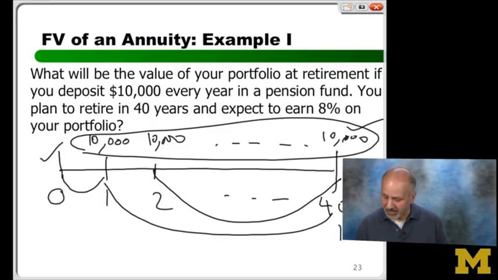Why? Because I'm asking you what is the future value at this point in time. So the future value at this point in time of this payment is just itself. If you learn how to travel in time, and imagine you are at point number 40, the last PMT or C is $10,000. So at time 40, it's exactly 10.